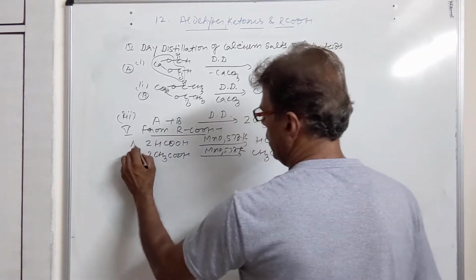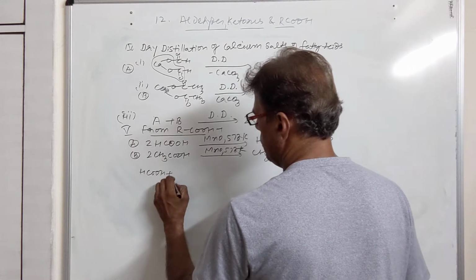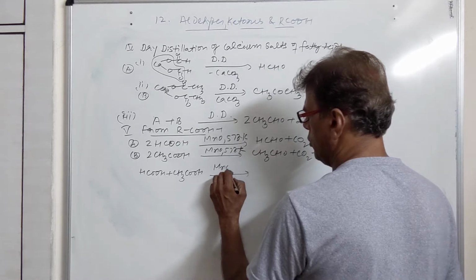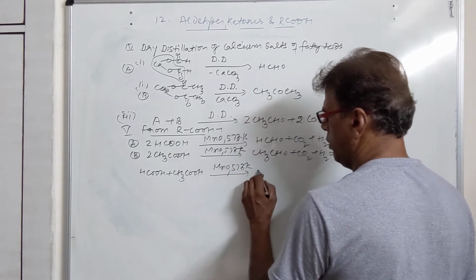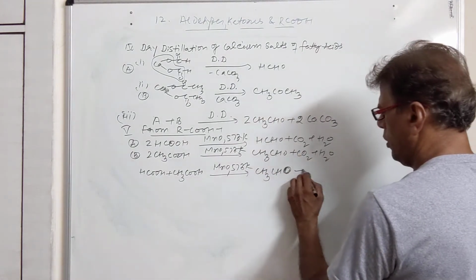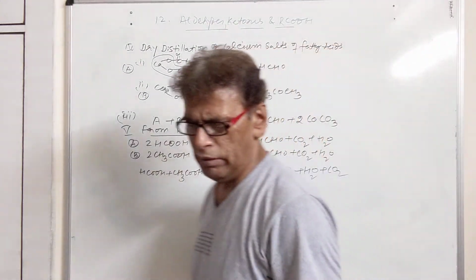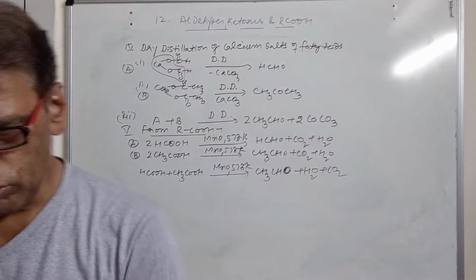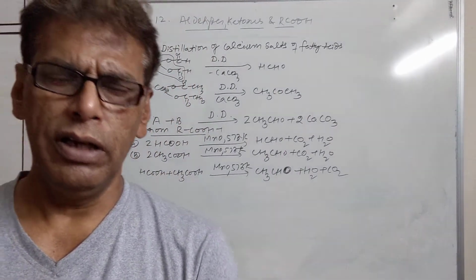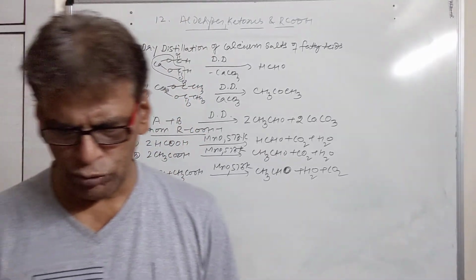If both A and B are taken, HCOOH mixed with vapors of acetic acid and their vapors passed over MnO at 573 Kelvin, we get CH3CHO plus water plus carbon dioxide. So this is our fifth method, getting aldehyde and ketone from carboxylic acid. When vapors of carboxylic acid are passed over heated MnO catalyst, we get this product.